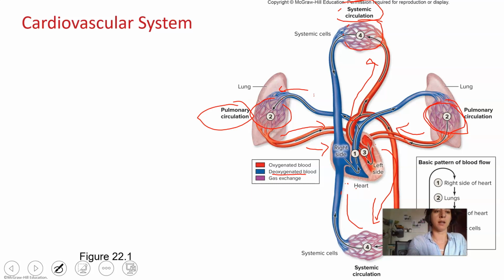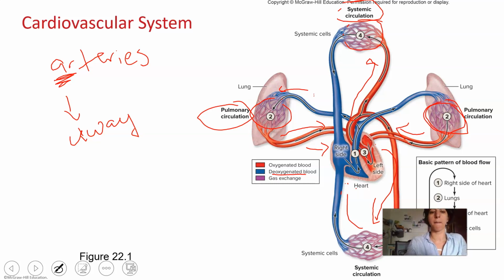So you can think about it like this. Arteries, this is terrible handwriting. Arteries start with the letter A, so they carry blood away from the heart. And then veins carry blood back to the heart. Okay, so arteries away, veins back to the heart.